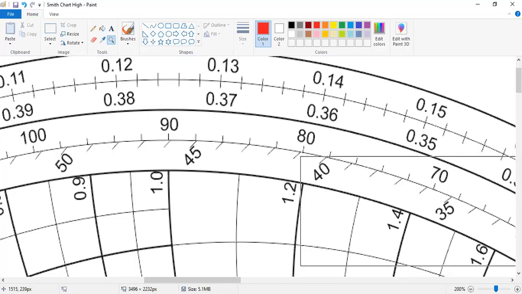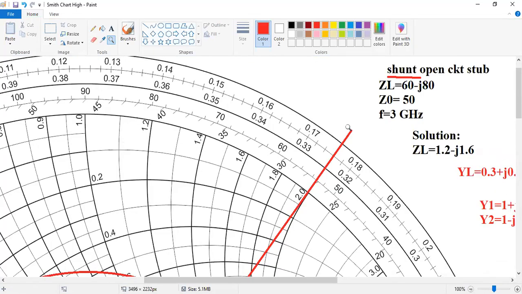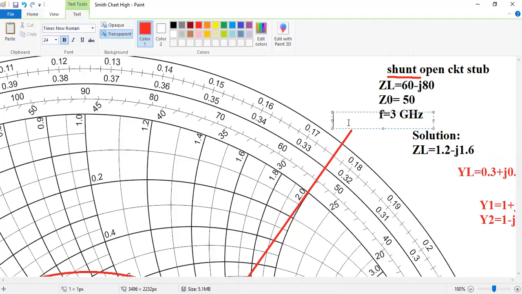So now we will go for this. This is your Y1. So Y1 is how much? Y1 is 0.17 and this is 18. So you just give me the 0.17.